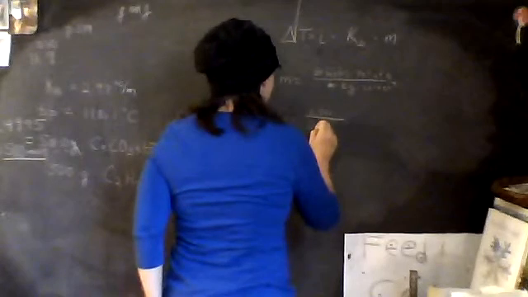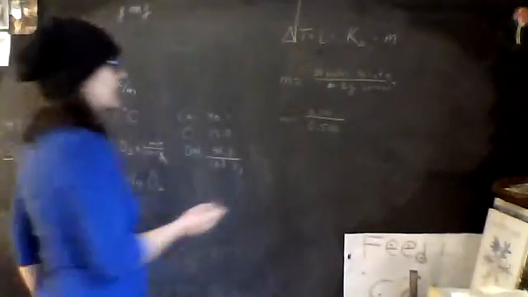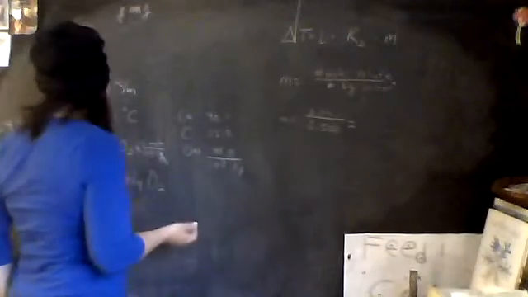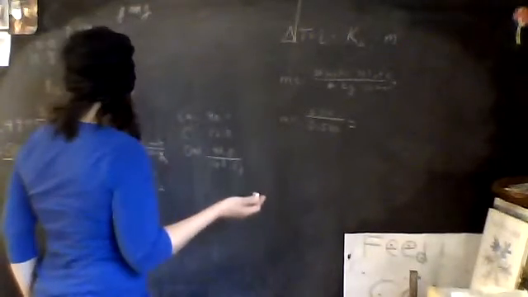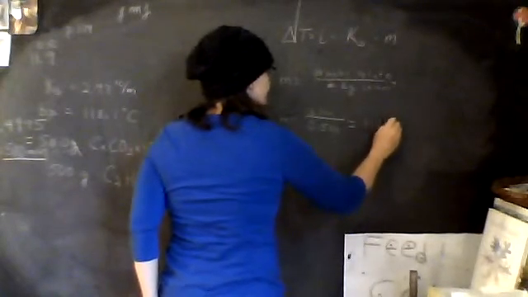Look at that, that looks familiar. So the molality is going to be 1. How many significant digits should I be reporting? I should be reporting 3, I believe. So that's 1.00.